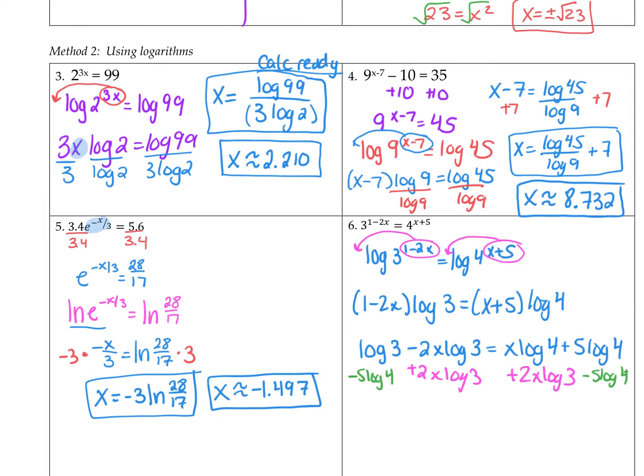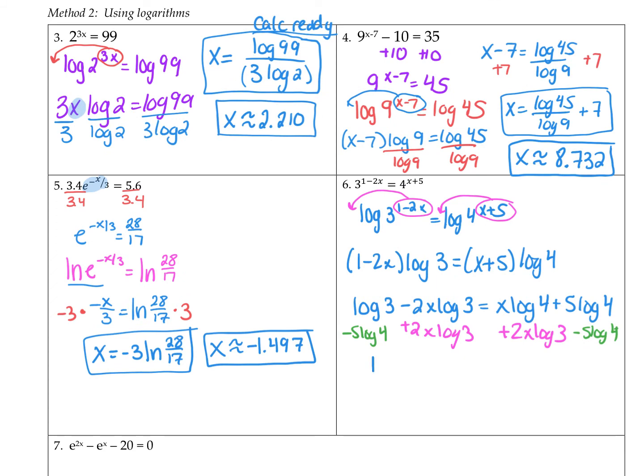So what that'll give me is log of 3 minus 5 log of 4 equals x log of 4 plus 2x log of 3. So to solve for x, what I'm going to do is factor an x out from this right side.